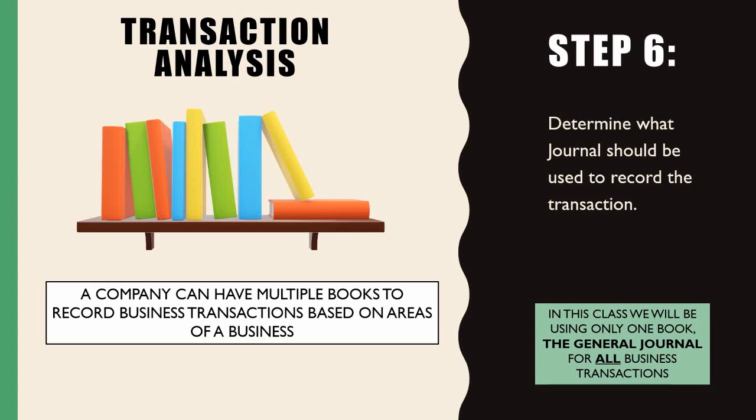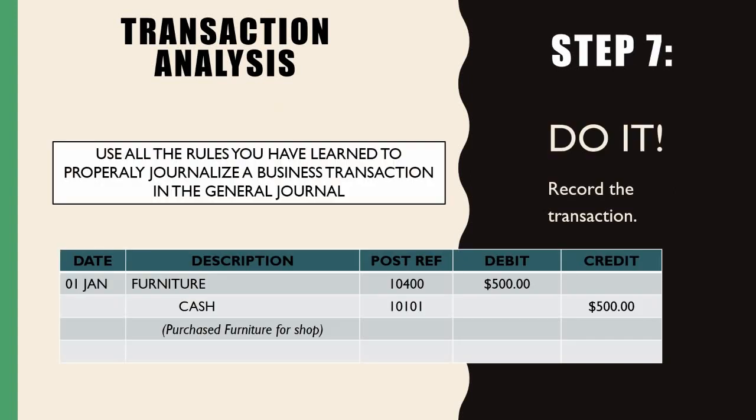So you're going to record everything in there, okay? There's no specific transaction book that we are necessarily going to be learning, but every company is different. If they do have it, then you need to determine which book you're going to actually be putting that transaction in. In our case, only the General Journal is what we're going to be looking at.